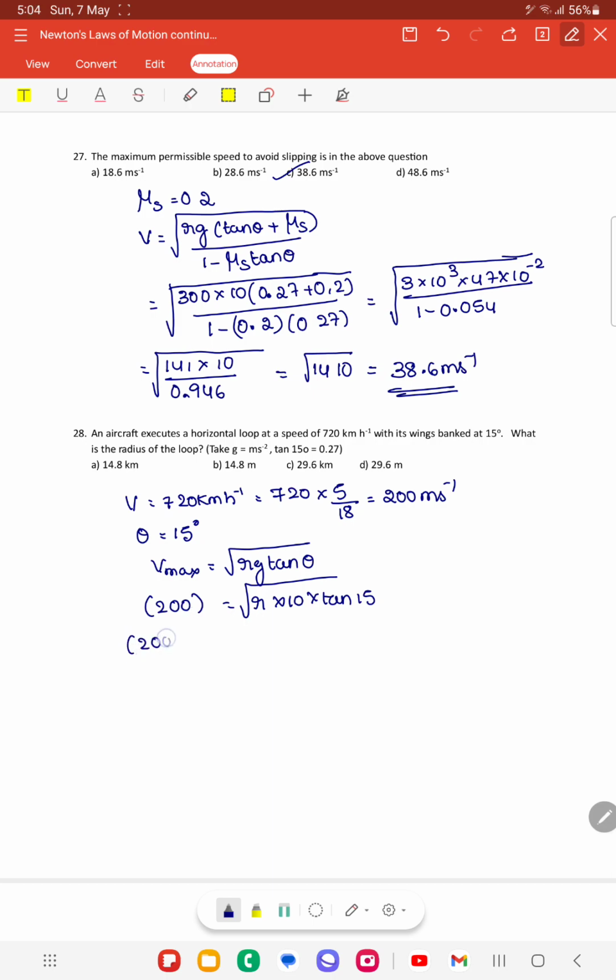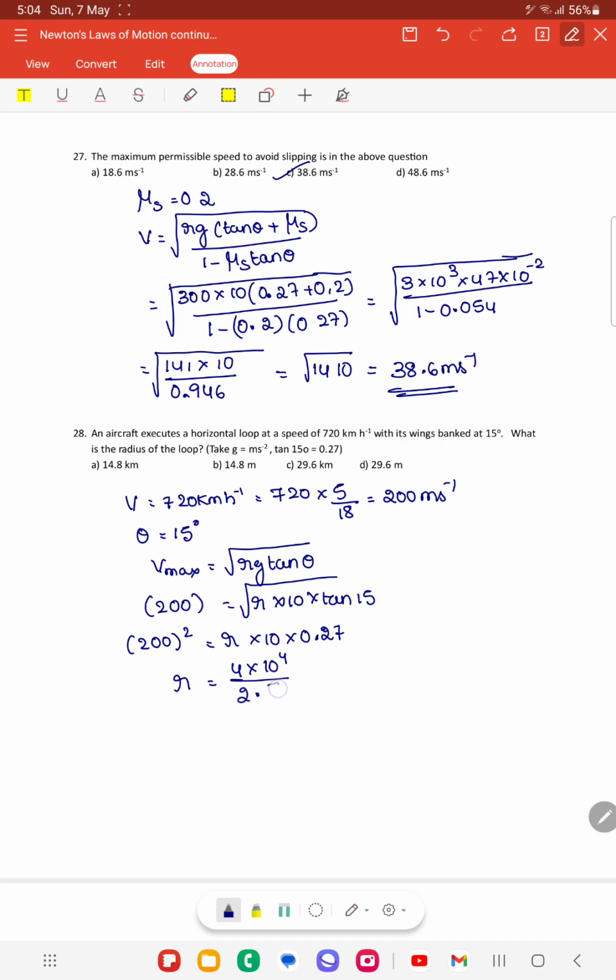So we have 200 square is equal to R into 10 into tan 15, that is 0.27.